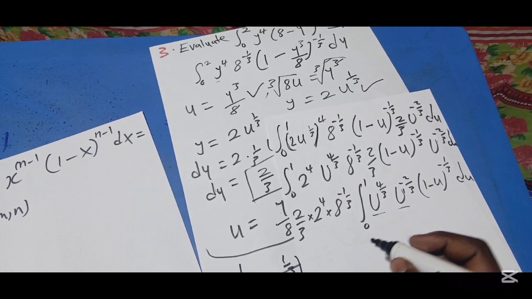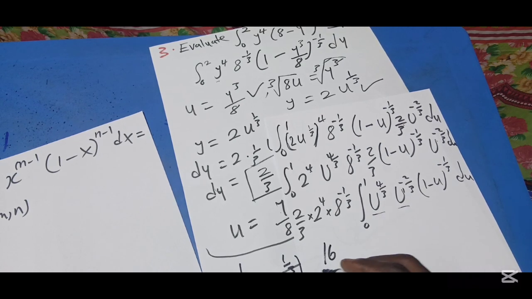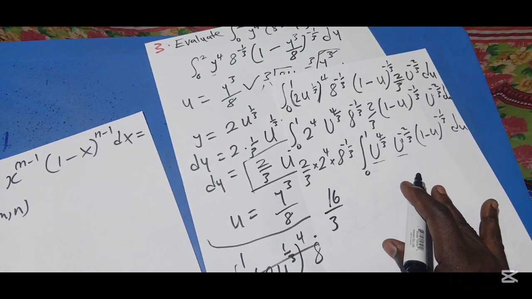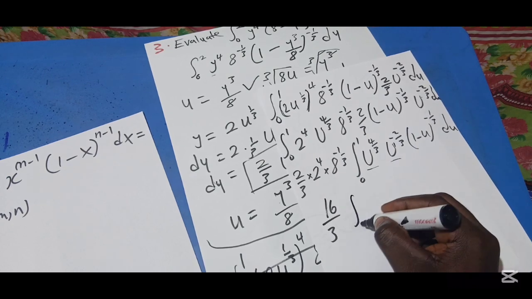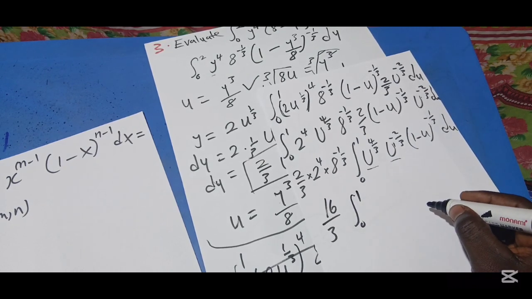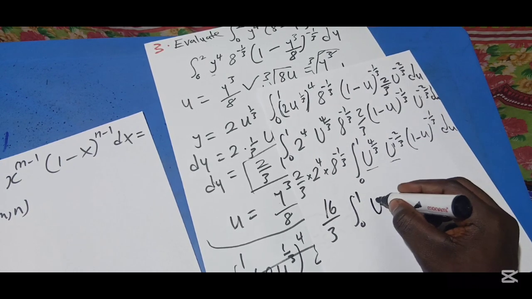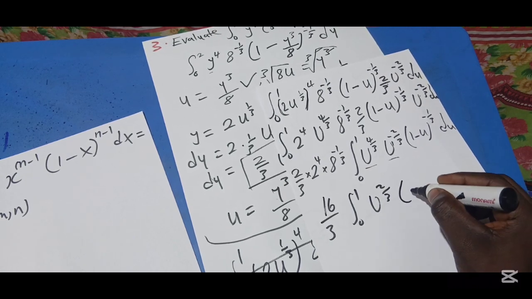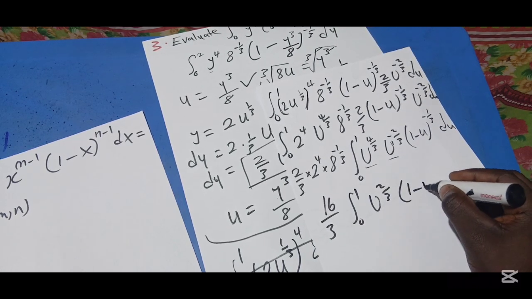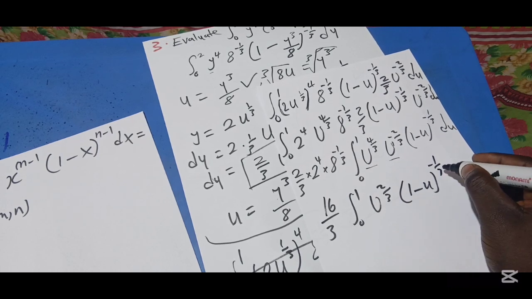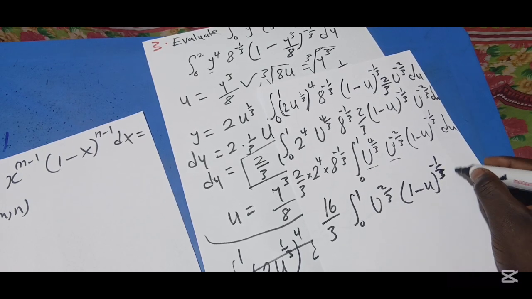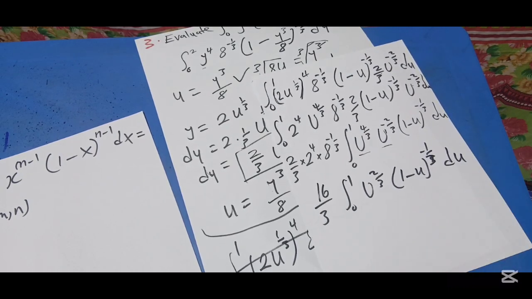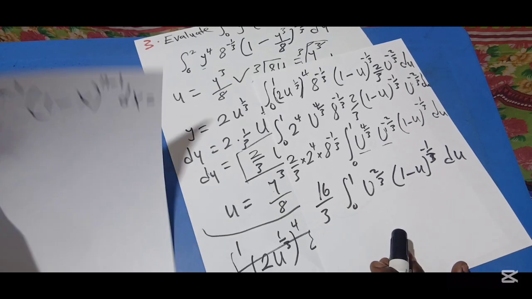So simplifying this will give us 16 on 3. So 16 on 3, integral from 0 to 1. This one right here is going to give us u to the power 2 on 3, all into bracket 1 minus u all to the power minus 1 on 3 du.